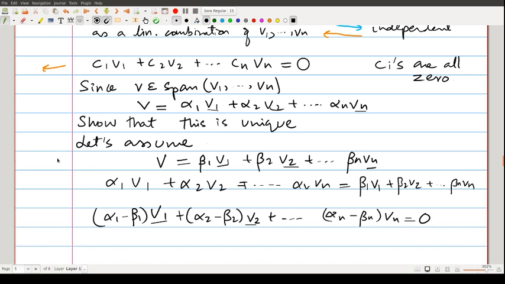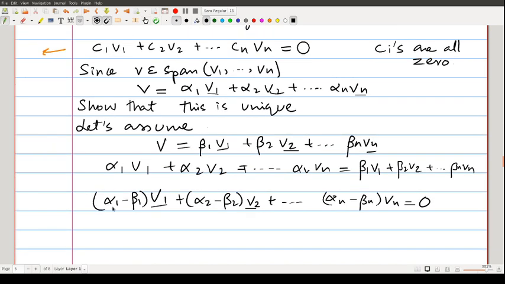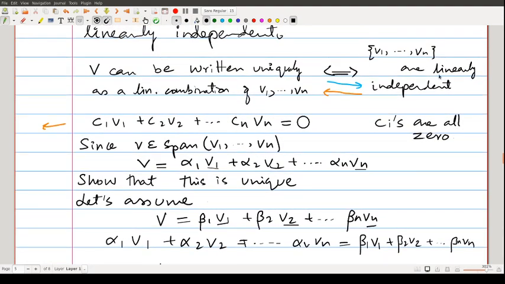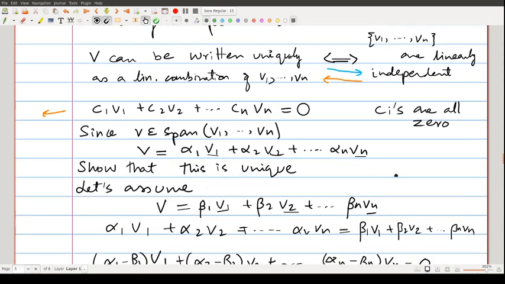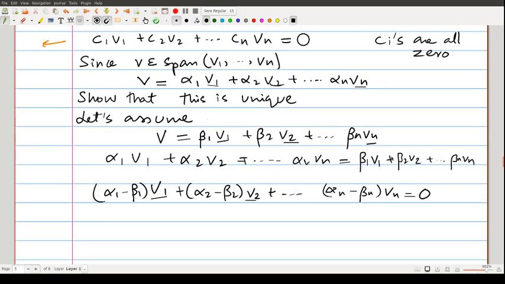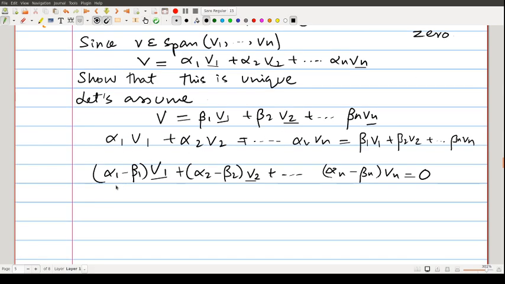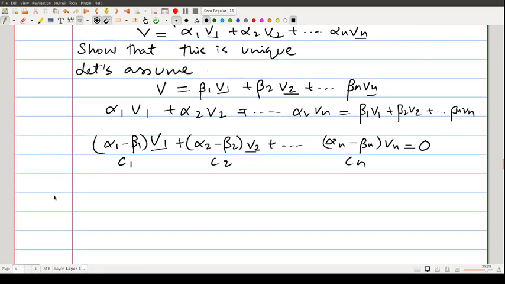Notice that this has become an equation of the form c1 v1 plus c2 v2 plus dot dot dot cn vn equals 0. Because we are assuming linear independence, this equation can only be 0 if all the ci's are 0.